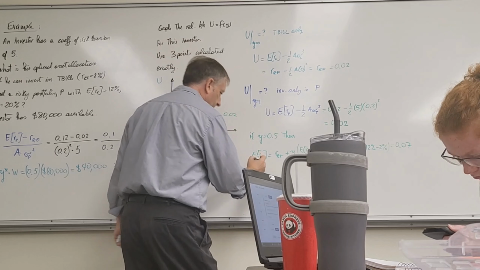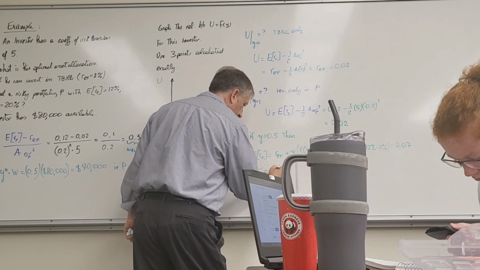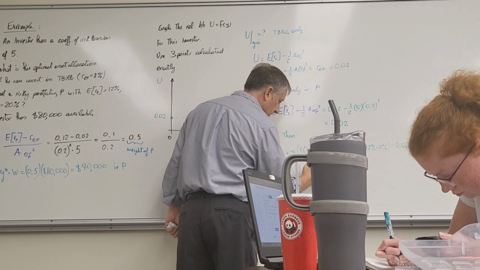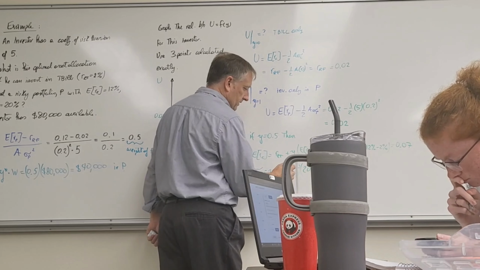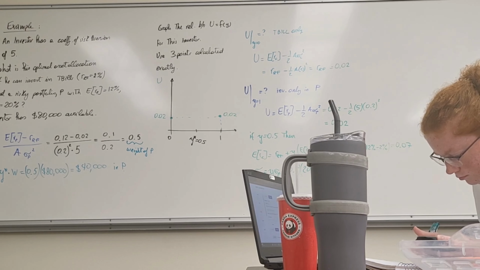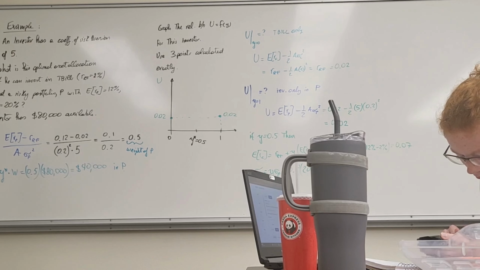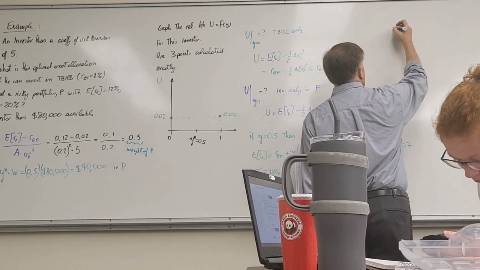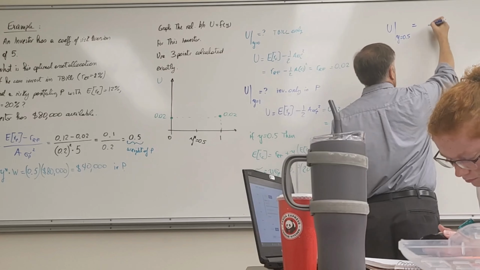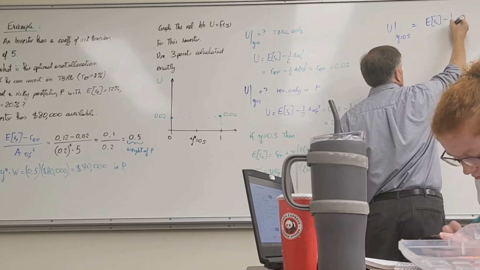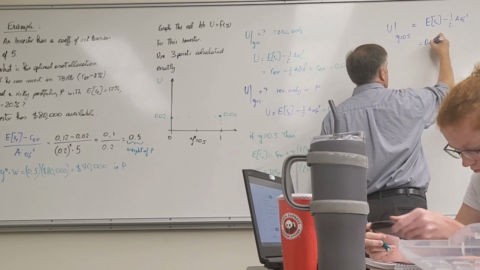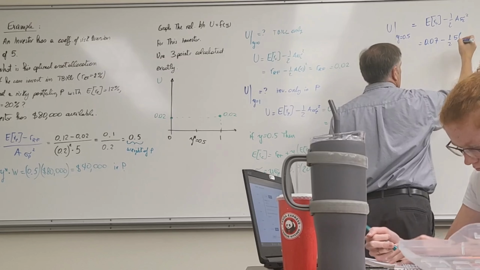What about what's the utility? 5 to... but now those values are... he's point.